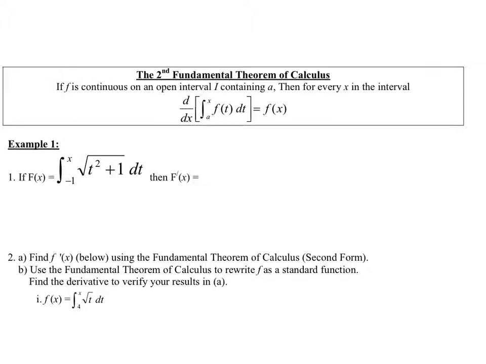Now, if we know the antiderivative, capital F of x, is the integral from -1 to x of the square root of t squared plus 1 dt, then what does f prime of x equal?